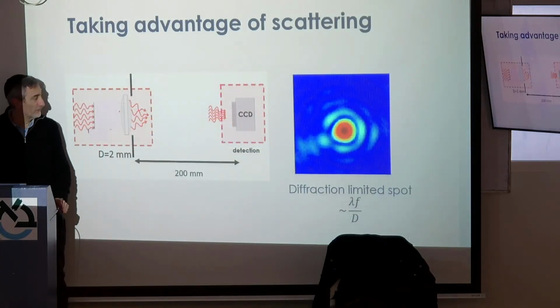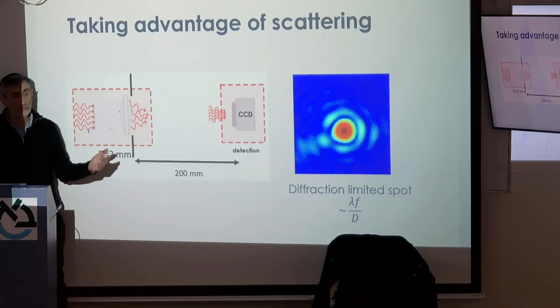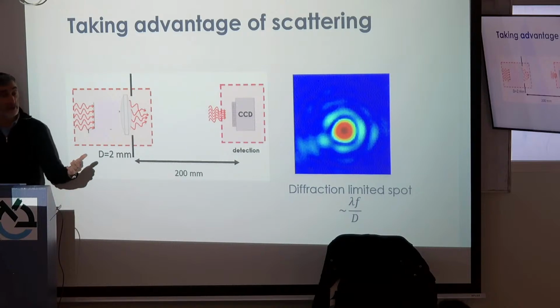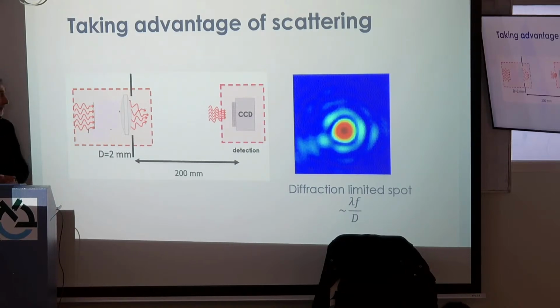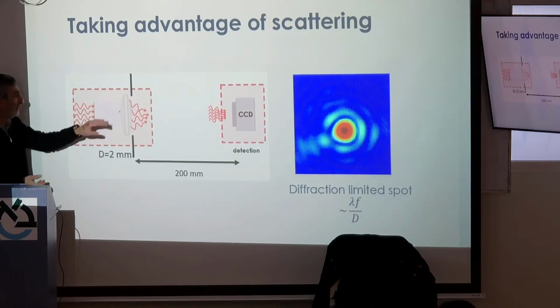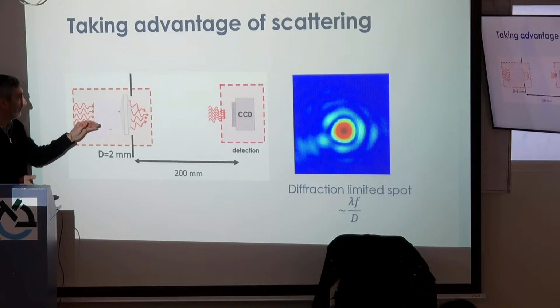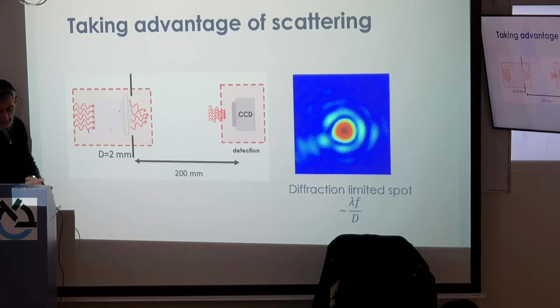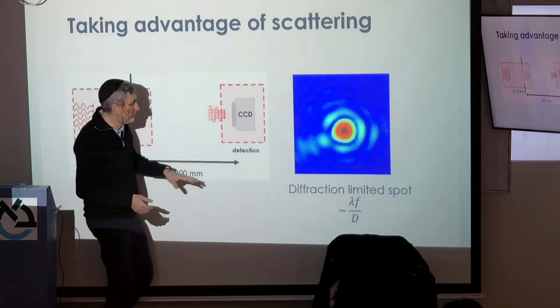Okay, so I just want to show you something interesting about focusing. I explained to you this technique of wavefront shaping to focus light beyond a strongly scattering medium. If you compare with the focusing of a simple lens, you know that the lens will focus to a given size.